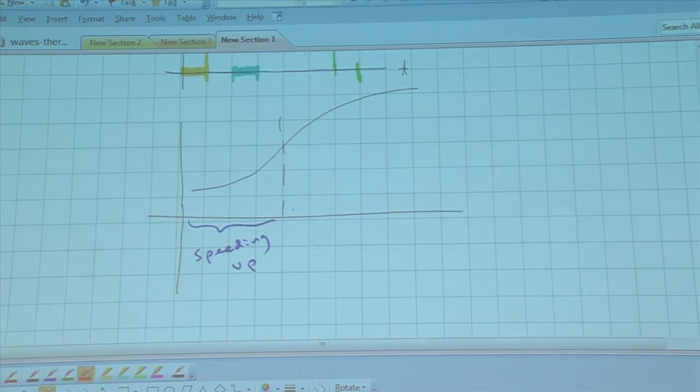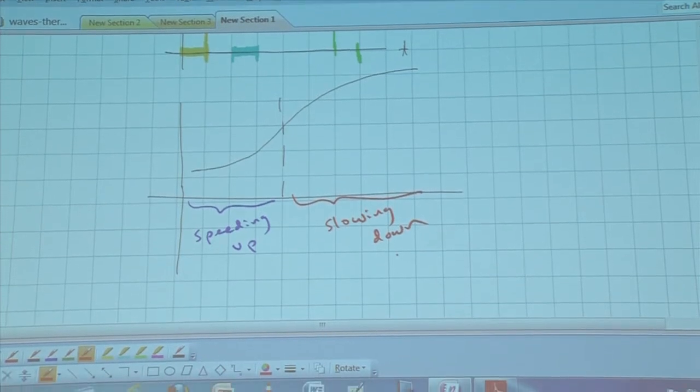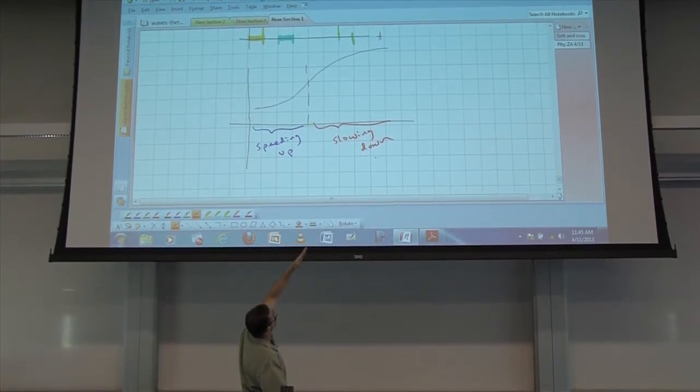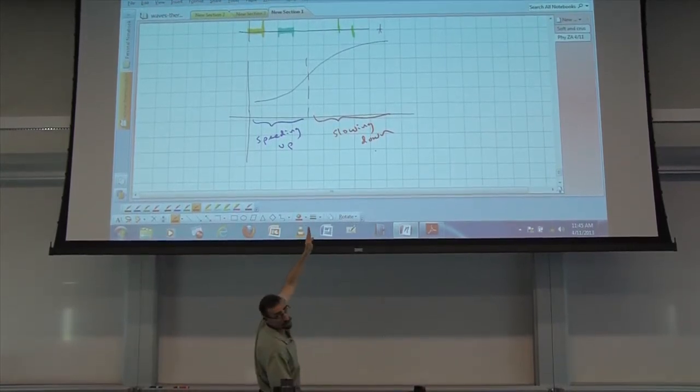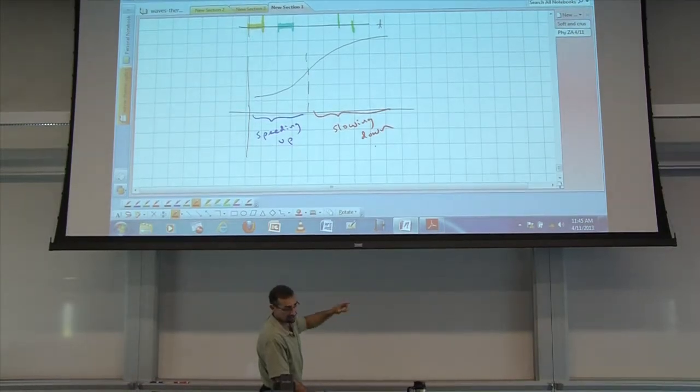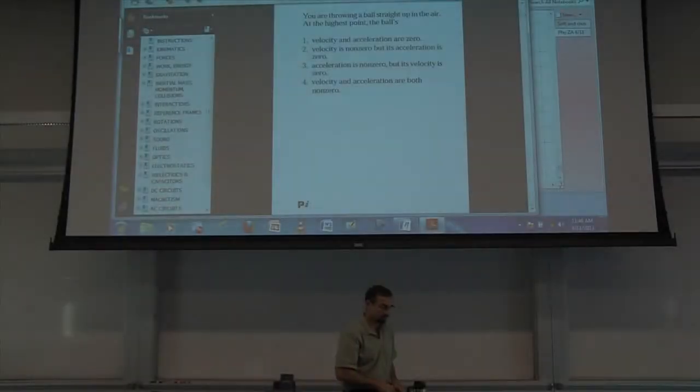And for this time interval, it's slowing down. Does that help? The slope, the whole time up to the dashed line, is increasing at any given time. The slope gets bigger and bigger. And once you cross over the dashed line, the slope is always getting smaller and smaller. And the slope is the instantaneous speed. Does that help?